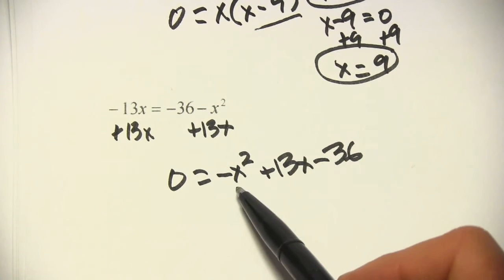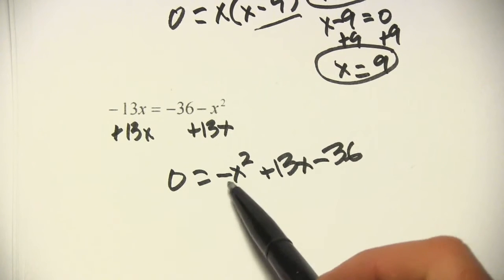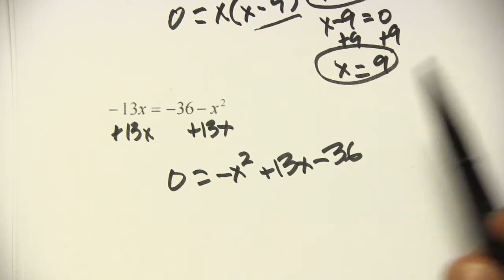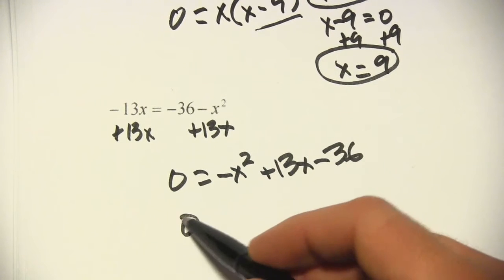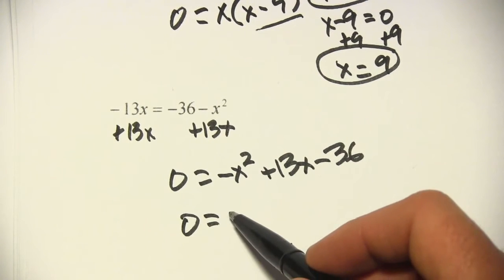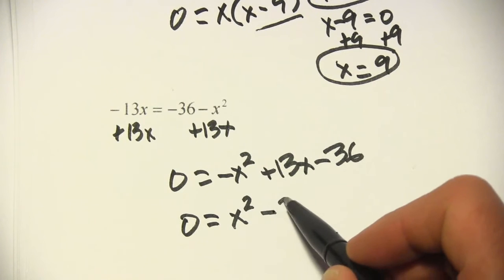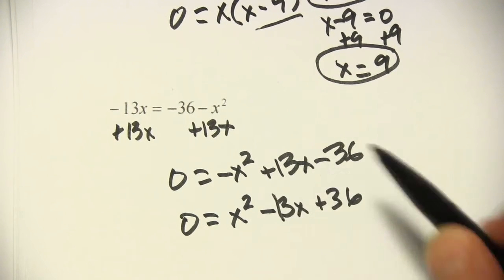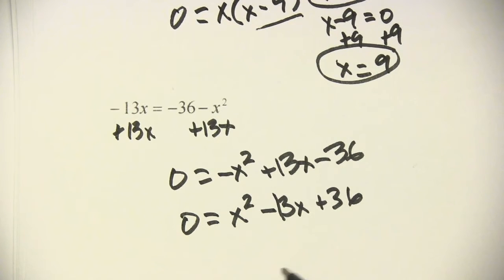Then I'm going to multiply everything by negative 1, because I like to start with a positive term. I multiply everything on both sides by negative 1, so it's still the same. 0 times negative 1 is just 0, and the rest of it just flips the signs. This is going to make your factoring much easier.